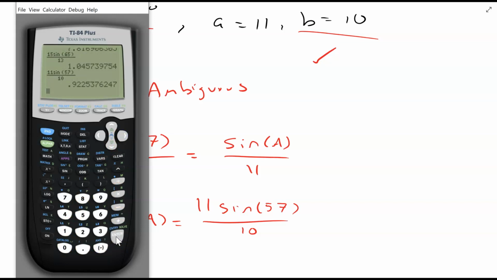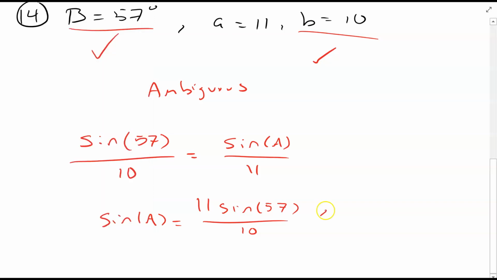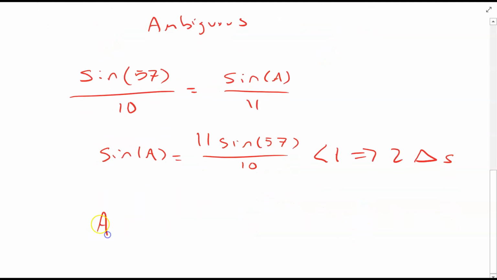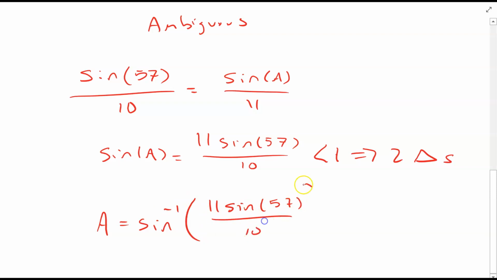And I get something that's less than 1. So that tells me there's two triangles. To get the value for angle A in one of the two triangles, I'm just going to do sine inverse of that stuff.